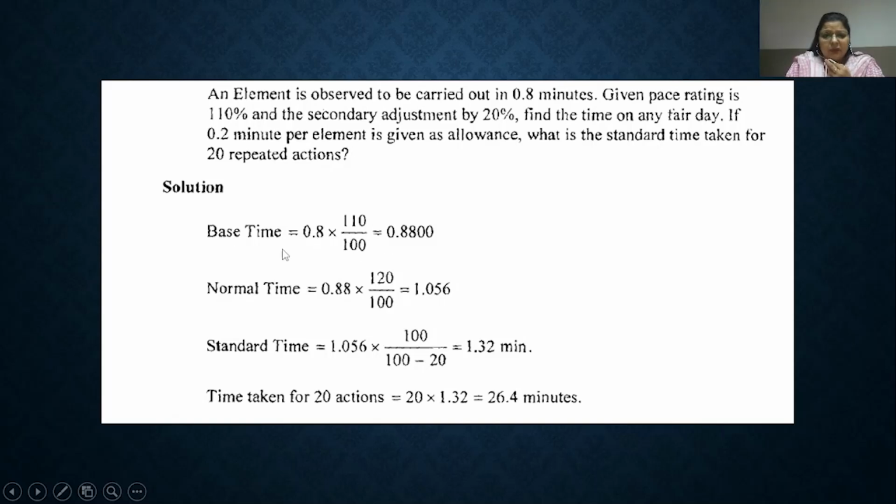First of all, we have to calculate the base time. Through the base time we will calculate the normal time, and after the normal time we can calculate the standard time. This is the sequence to calculate everything that has been asked.